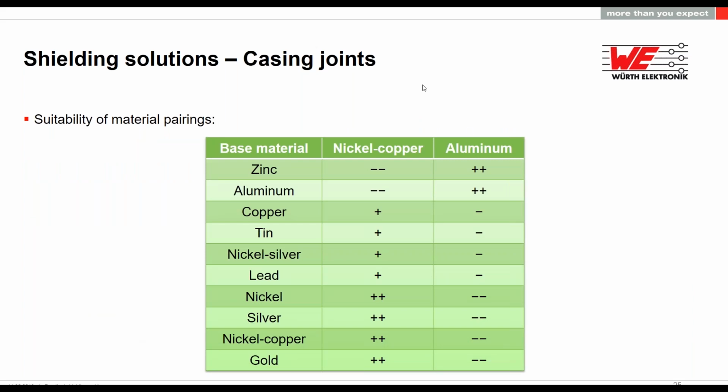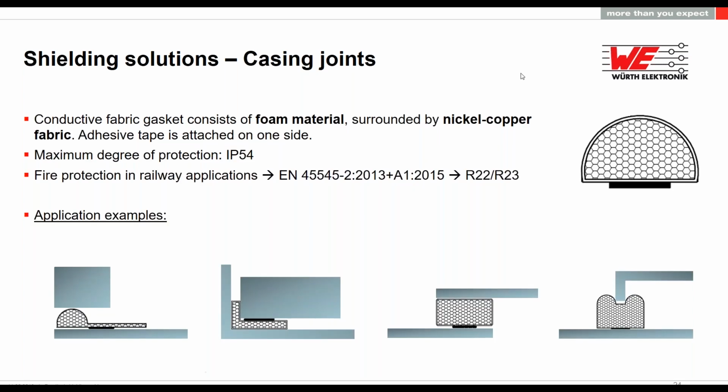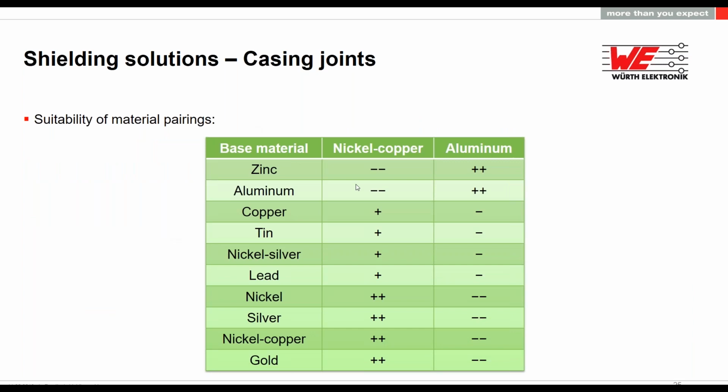An important thing to take into account is the matching, or pairing, of materials. If we have an aluminum enclosure, it's important to use an aluminum gasket. If we go back, it's possible to select the material that is covering the foam in the gasket. We need to take this into account, as we said, in order to avoid corrosion problems. We can see here some matchings.